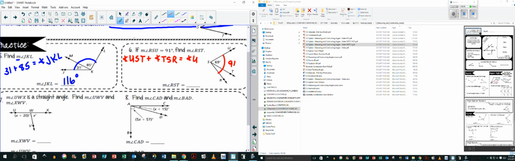Piece plus piece equals whole. Well, UST is 69. TSR, I don't know, equals USR, which is 91. So subtract 69 from 91, and you get 22 degrees. So this angle is 22 degrees.